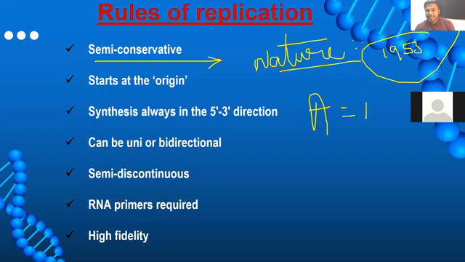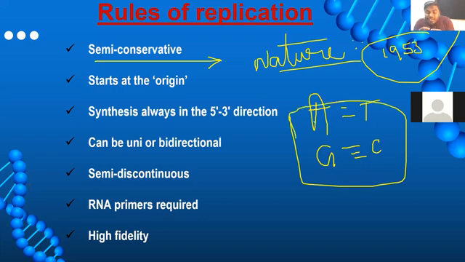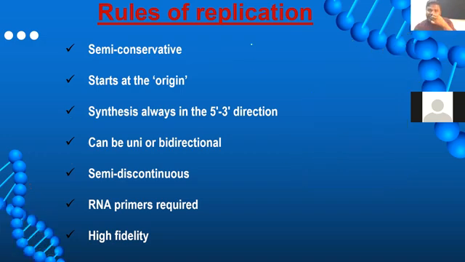What is base pairing? You know very well, adenine pairs with thymine, guanine pairs with cytosine. Listen everyone, this base pairing actually gave a hint to Watson and Crick that they could propose a model for DNA replication. By using that model, DNA can undergo the process of duplication or replication. What is this semi-conservative model?